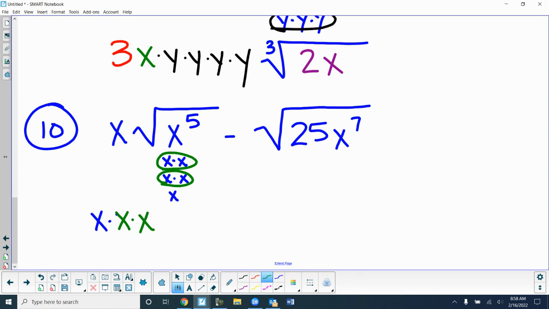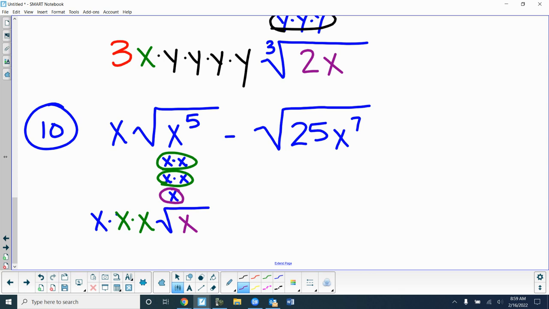If I do show all the work. Okay? And then we have an x left over, right? You guys okay with that? Where I circle with the green. So there's 2 x's there. So there's that one. 2 x's here, so I bring another one out. Okay?